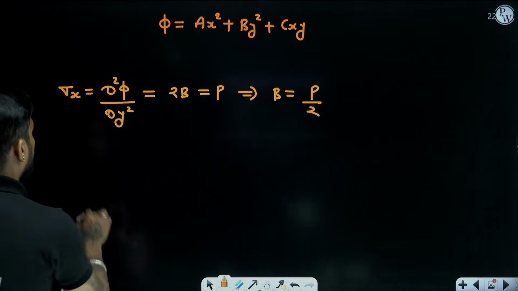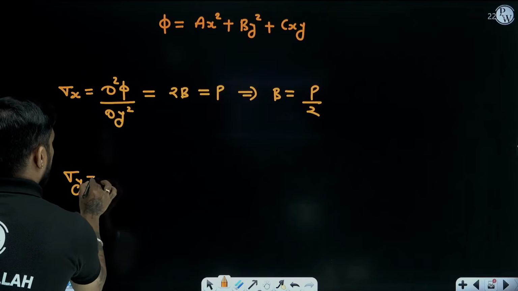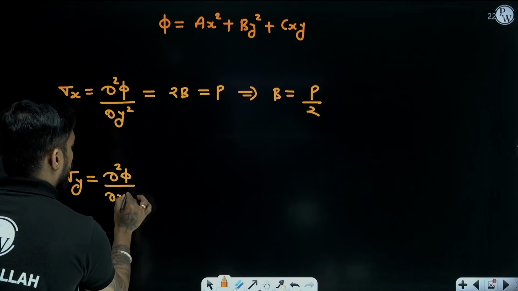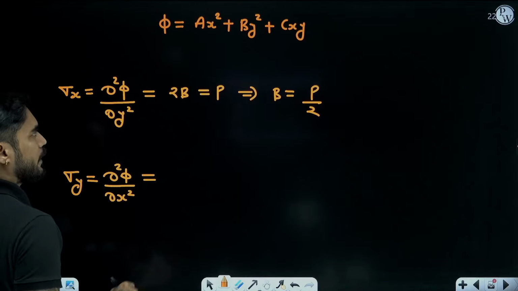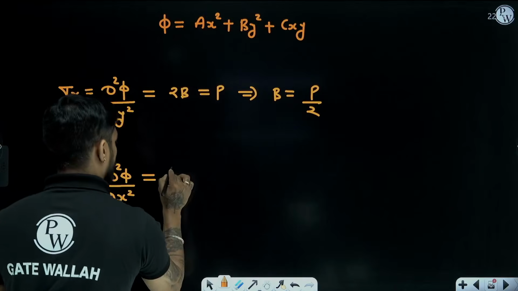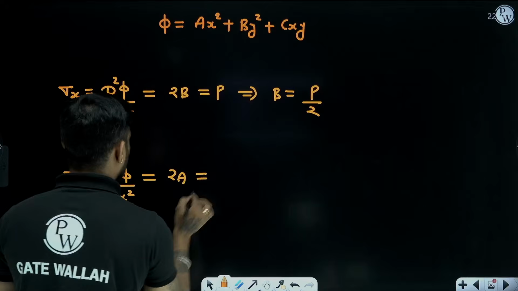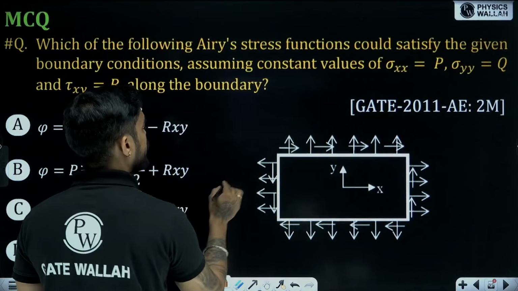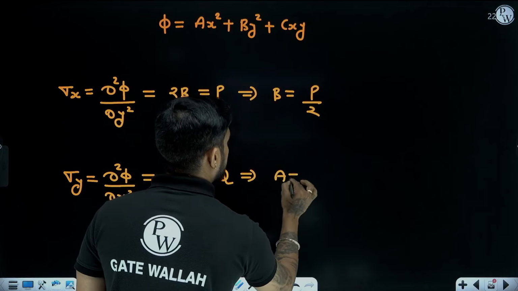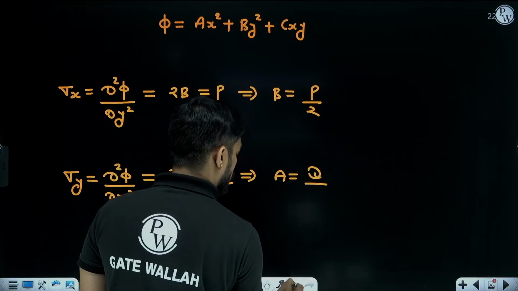Then sigma y, dou square phi by dou x square. So we need to differentiate it with respect to x. This and this will become 0, this will become 2a. And what is sigma y? Sigma y is q. So from here a is equal to q by 2.